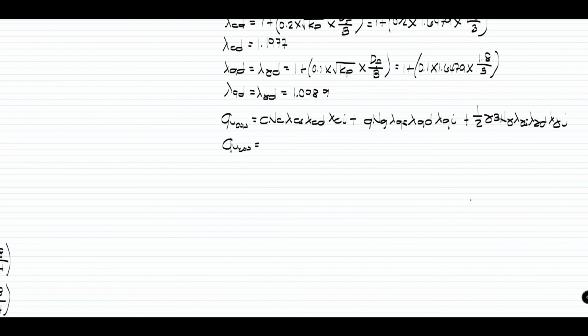So, yung C natin is 25 times 24.898 or 8498, sorry, times the lambda CS, which is 1.5431, times 1.1977.